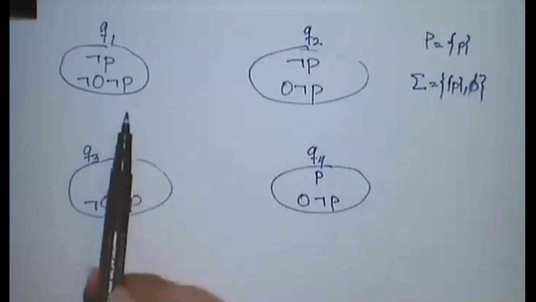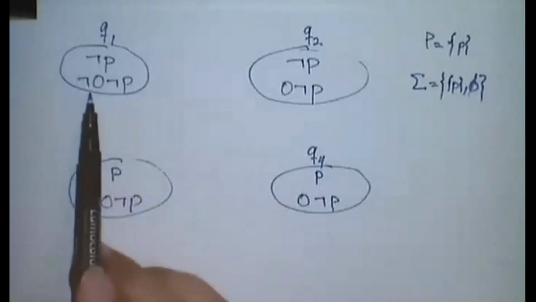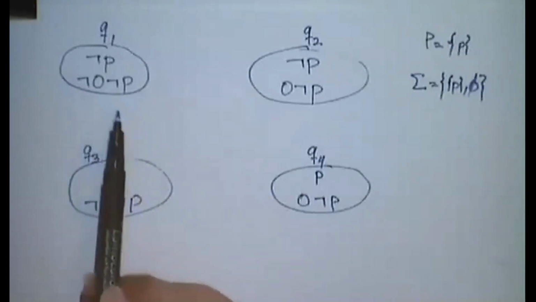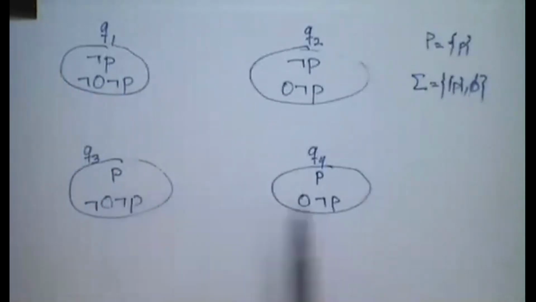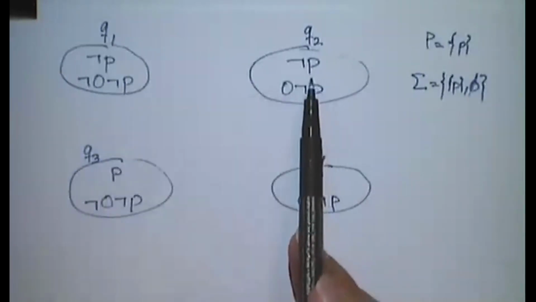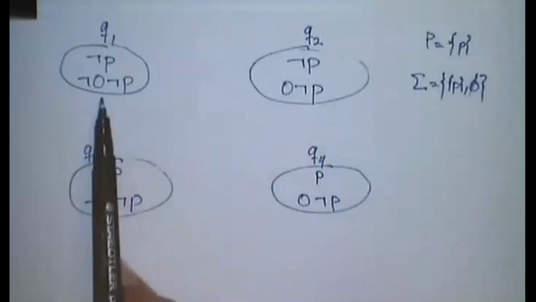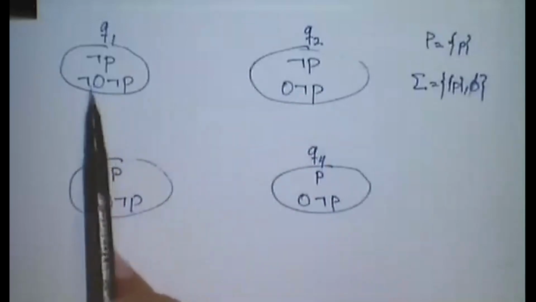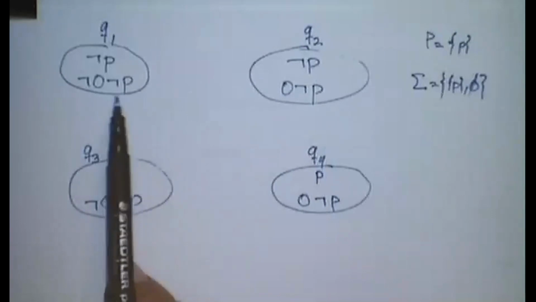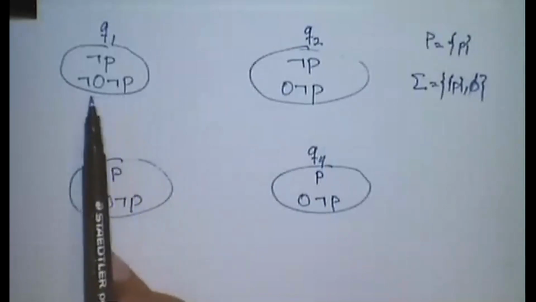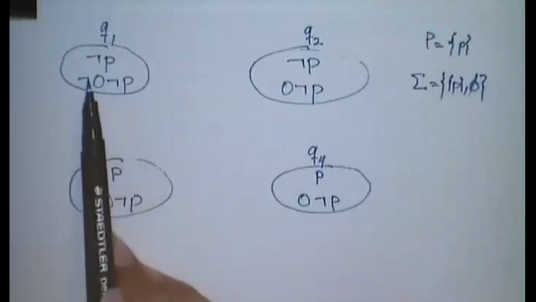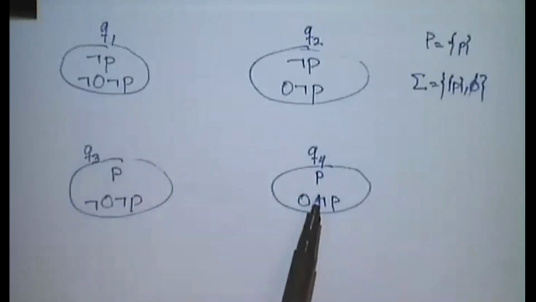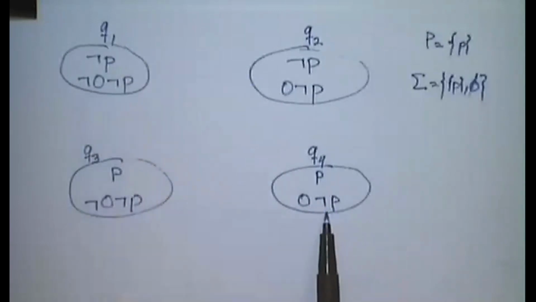So wherever I go from Q1, I have to make sure that in my next step, I have P. So from Q1, I can only go to either Q3 or Q4. I can't go to Q2. Because in the next step, wherever that next step is, I should have P. Based on this formula, this is basically saying next P. So in every successor of Q1, I should have the formula P. So from Q1, I can only go to Q3 and Q4.